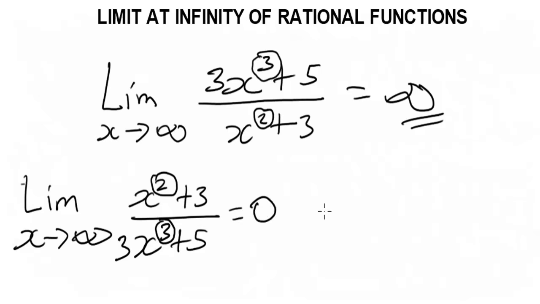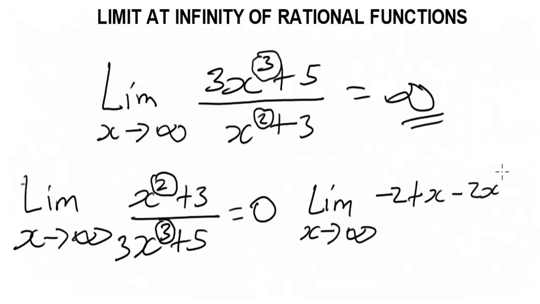And lastly, let's look at the last principle, where we are given a limit as x tends to infinity, and a question of this form: minus 2 plus x minus 2x squared all over 3x squared plus 2x plus 5.